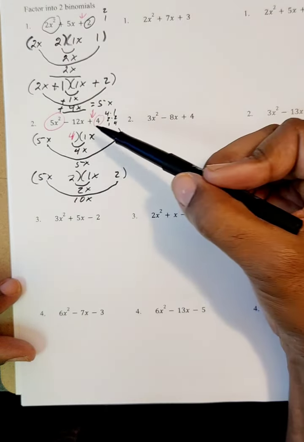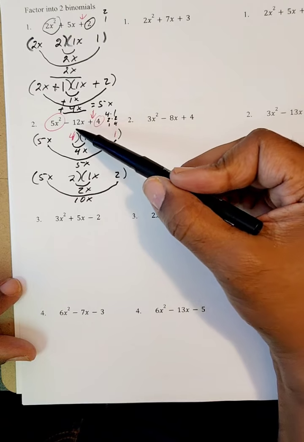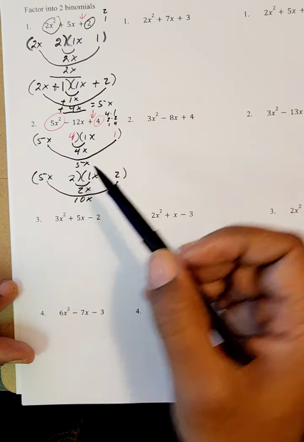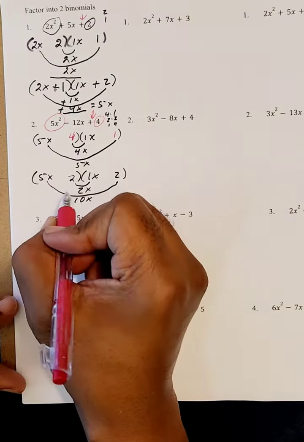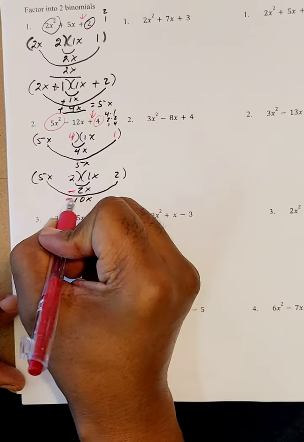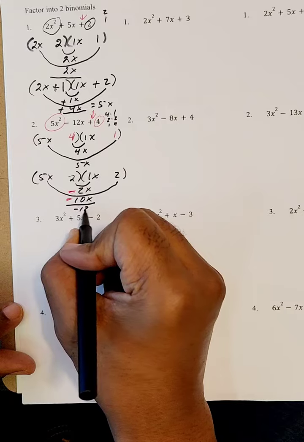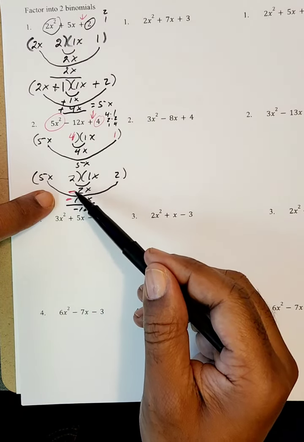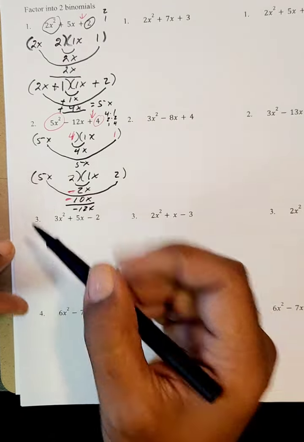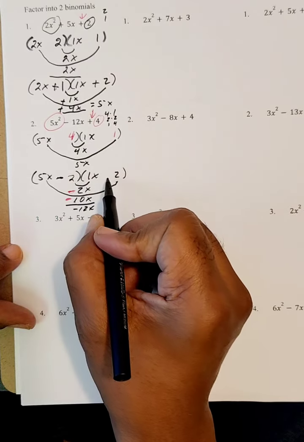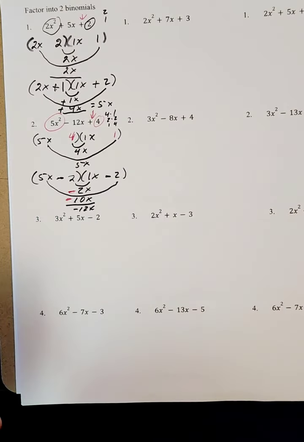Now, same question. Can I have the same signs and get a negative 12x? And the answer is yes. I can use same signs of negative and negative, and that will give me a negative 12x. So the first one should be negative and the second one should be negative.